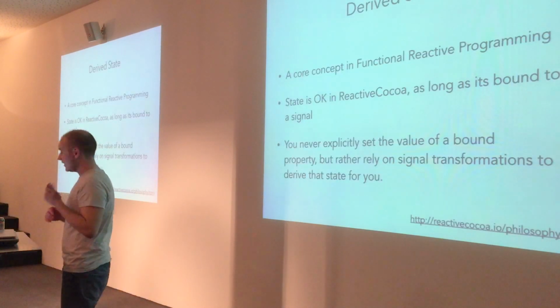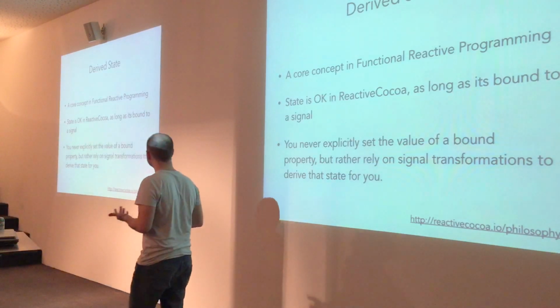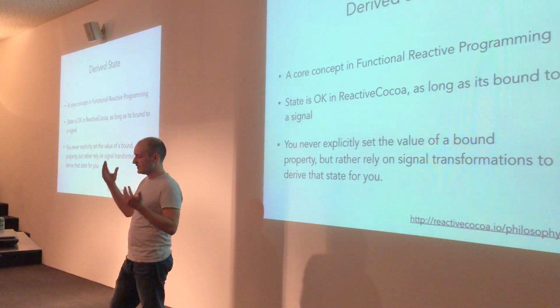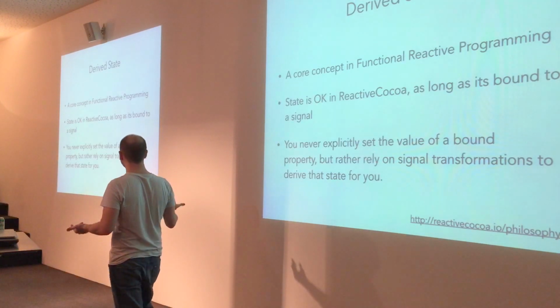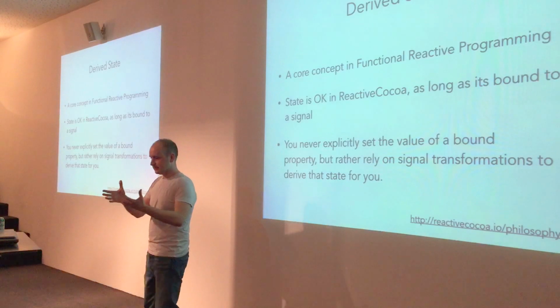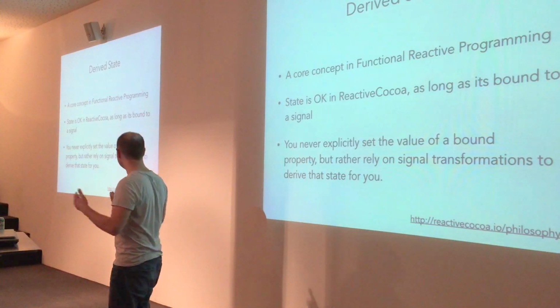I'm going to talk about derived state, which is a core concept in functional reactive programming. I said before that keeping state in variables is bad, but ReactiveCocoa makes a compromise that state is okay as long as it is bound to a signal. As long as we're not changing it manually ourselves, then it's okay to use state.